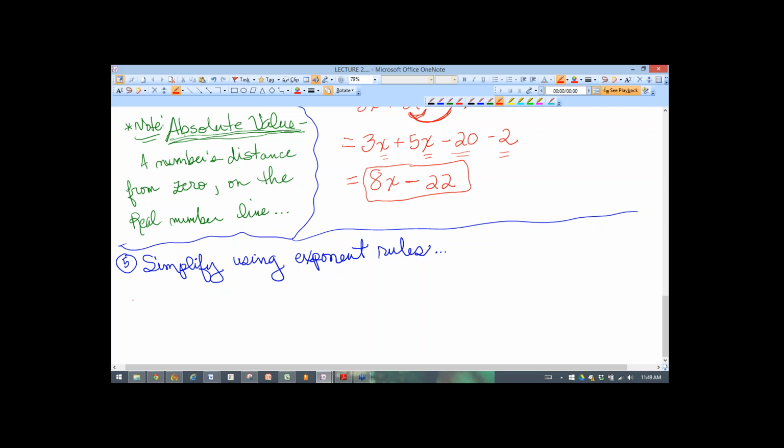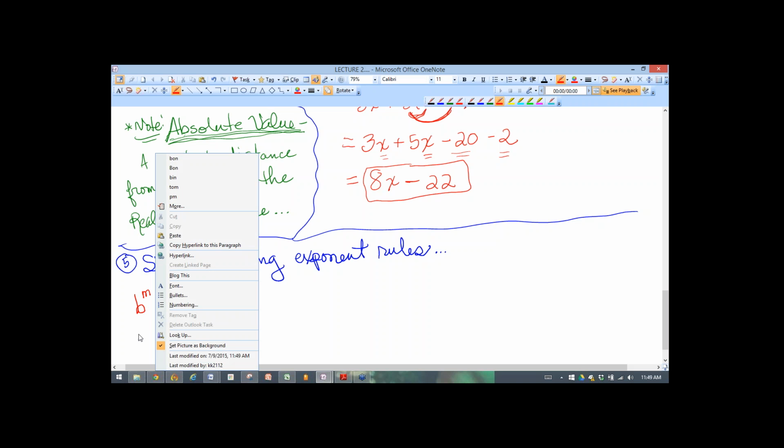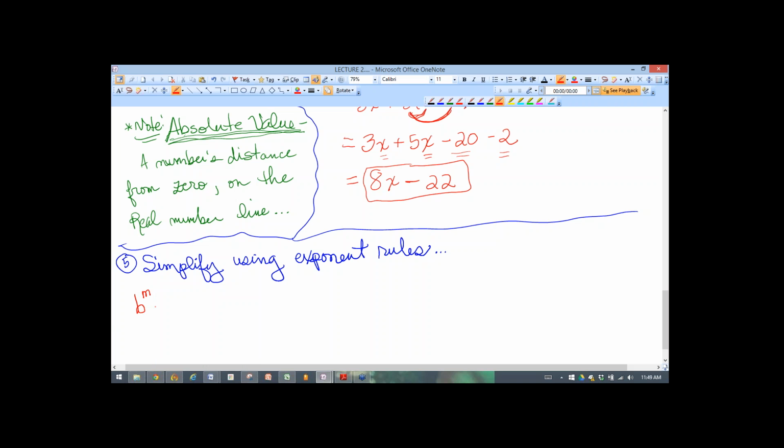If we have a base to the m power multiplied times the base to an n power, notice the bases match. If what's being raised to the exponent matches, then we add our exponents.